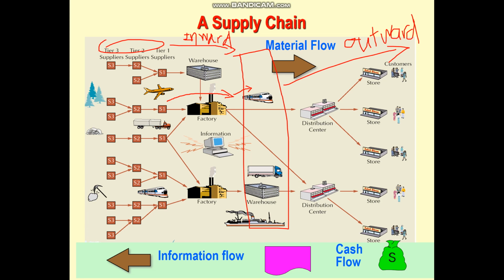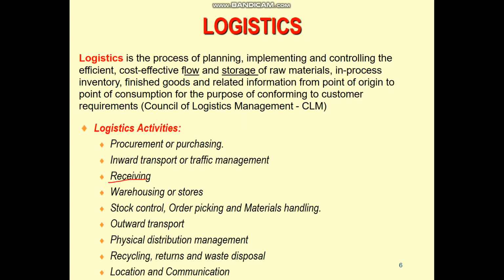And when we receive the orders from the customer, we will do order picking, then pack the order, then deliver it to the customer. So those activities we call logistics activities.